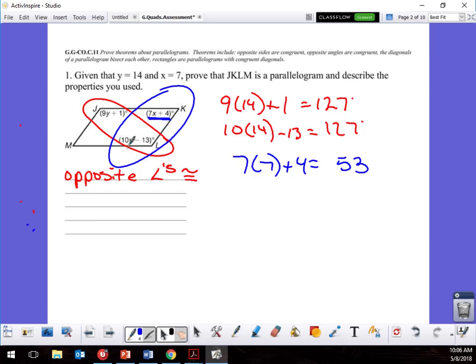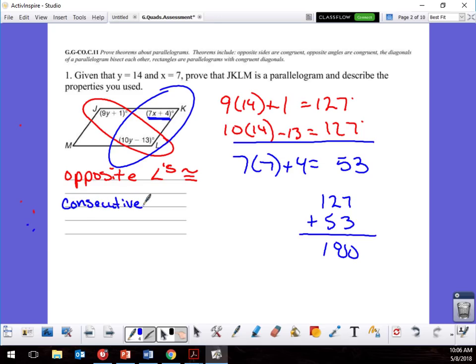And right here, this one right here, so 127 plus 53 has to add up to what? 180. Does this add up to 180? Yes, it does. And so right here for my property is that consecutive angles are supplementary.